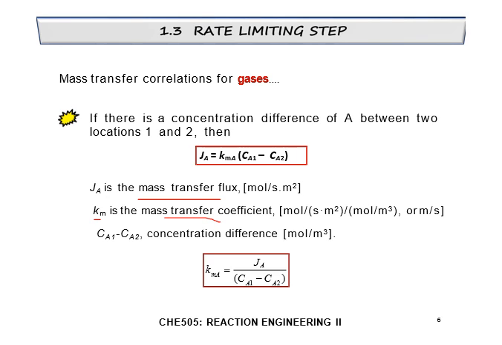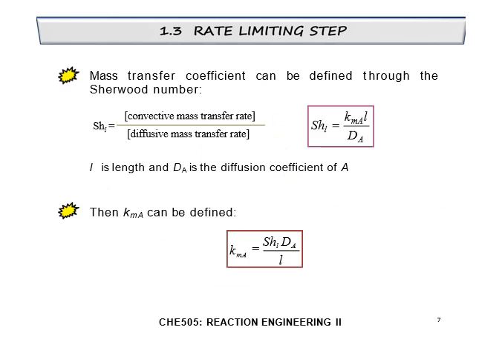And in order to find the term of mass transfer flux, you need to get the concentration difference. Okay, then in order to find the mass transfer coefficient, it can also be found through the Sherwood number, in which the Sherwood number you can find using the convective mass transfer rate divided by the diffusive mass transfer rate.